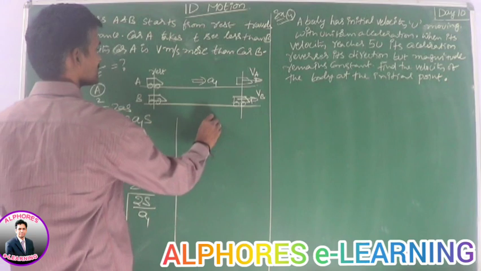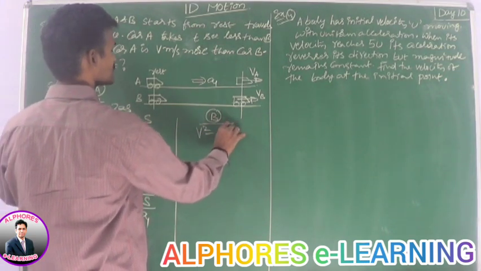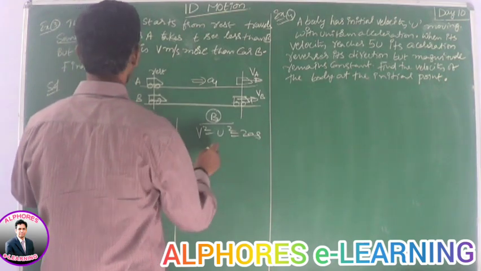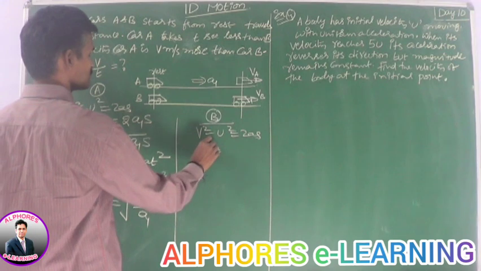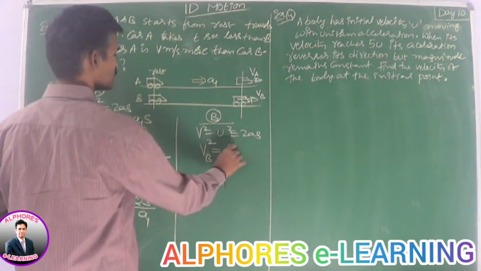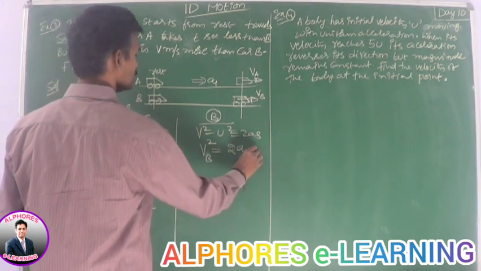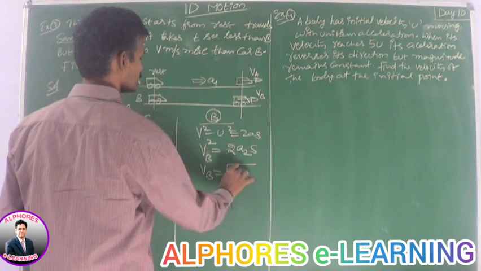Similarly, for car B, if you use V square minus U square equal to 2AS, you can get velocity VB for car B, that is VB square equal to 2A2 into S, or you can write VB as under root 2A2S.